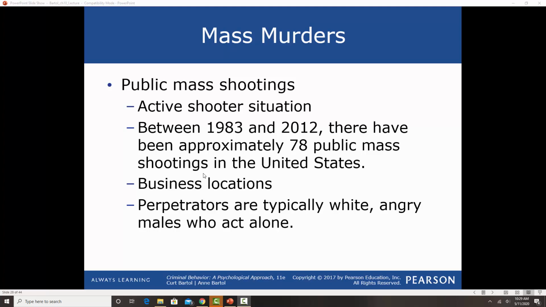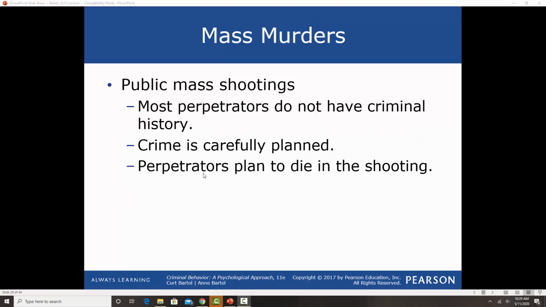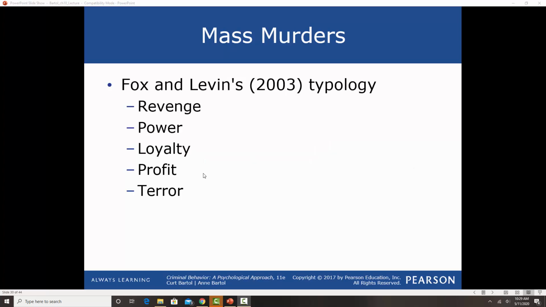Perpetrators are typically white males who act alone. They tend to have mental health issues, and there tends to be something that triggered them, maybe a breakup or a loss of a job. Most do not have a criminal history. Most do carefully plan out their crimes, and most do plan to die in the shooting, and most do actually either die by their own hand or by suicide by cop.